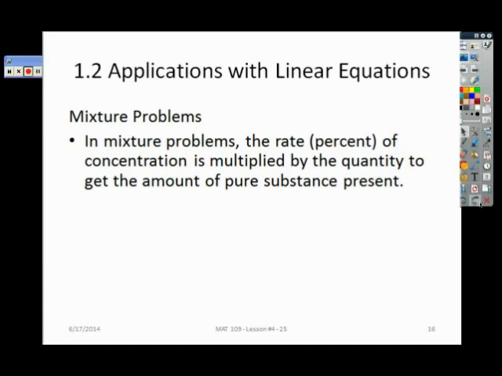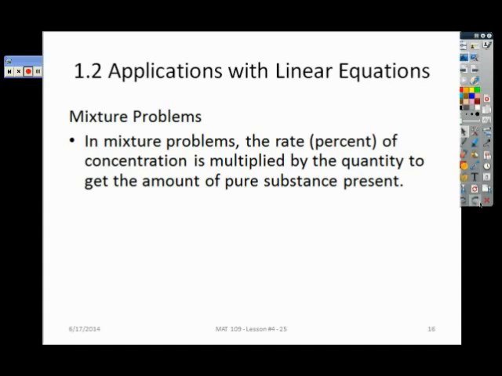So the percent number, when you're talking about liquid concentrations, is how much of the pure substance is present in this overall volume. If you have 100 gallons and it's 30% something, then 30 gallons of that 100 is the pure substance. The remaining 70 is water. Almost always water. Sometimes there are other things that dilute chemicals, but we're going to assume water for what we're doing.